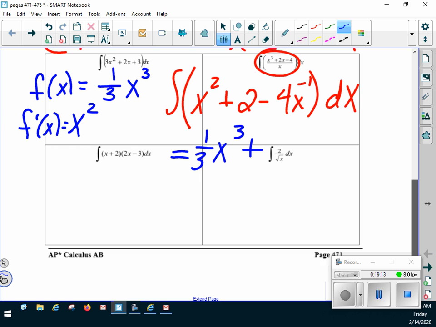Now the issue is, is that the only equation in the world that has a derivative of x squared? No, because if I added 1, the derivative of 1 is 0. So this would have the same derivative. Any constant could be there. So when we finish this, we put a plus c on the end to indicate there could be a constant. So that'll get you a little bit going.